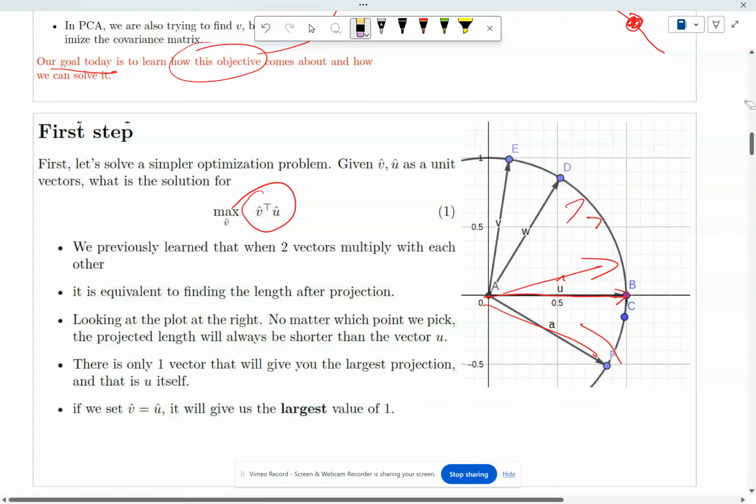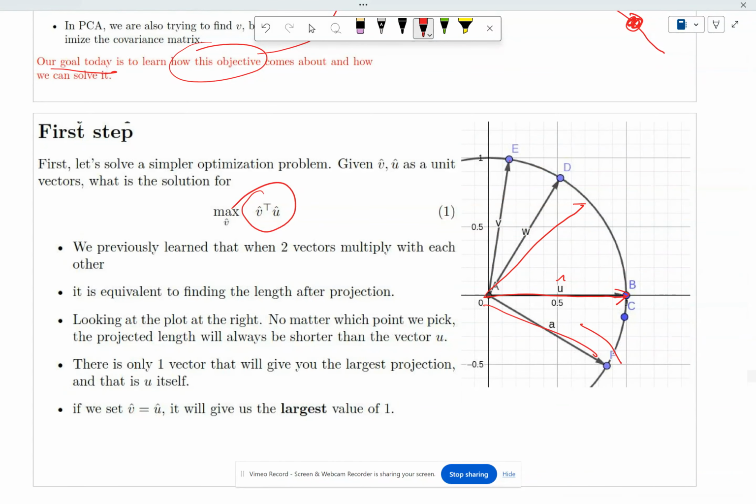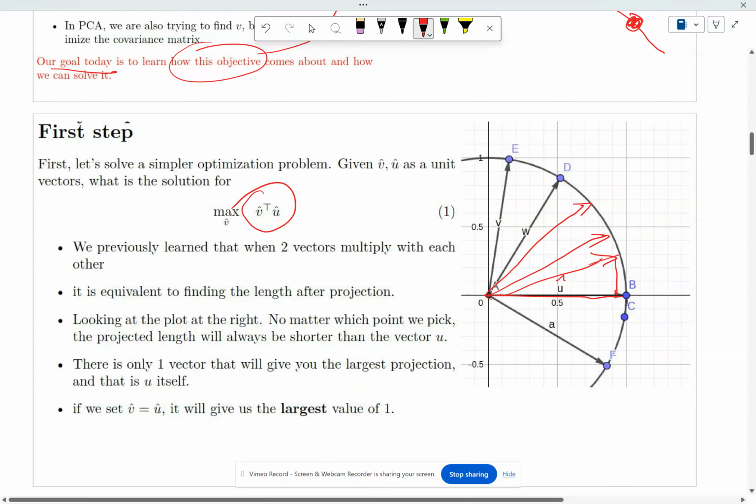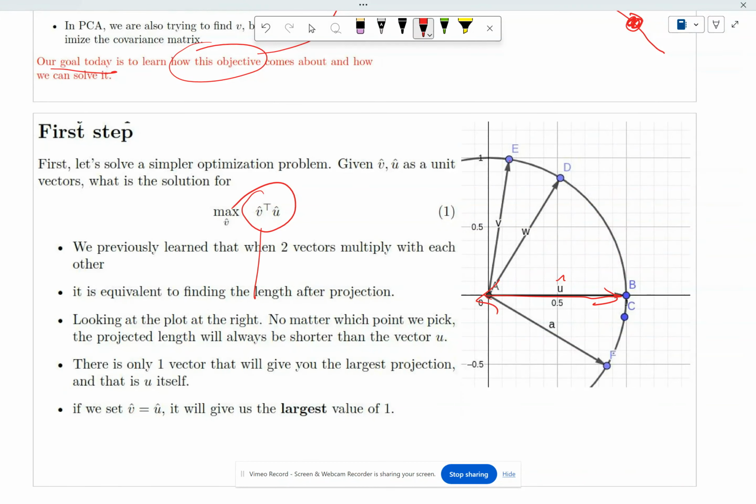Well, hopefully you see the pattern that as you go closer and closer to U, the projection distance gets larger and larger. And it gets the largest when V is just equal to U. All right.